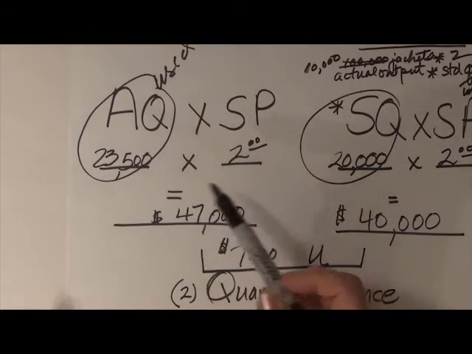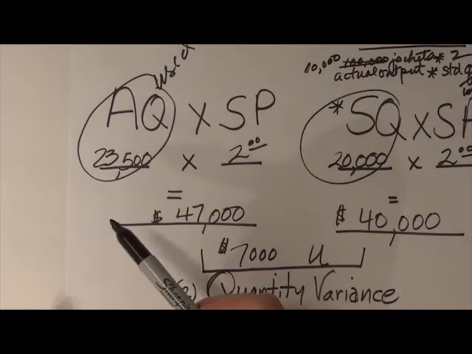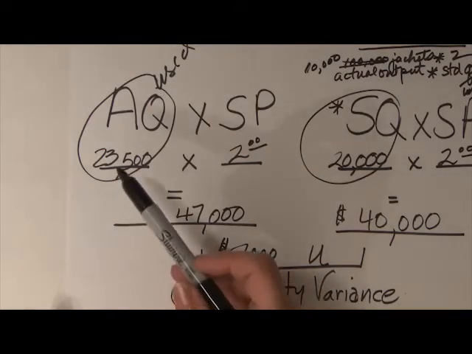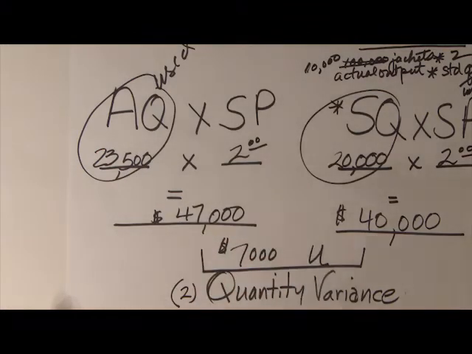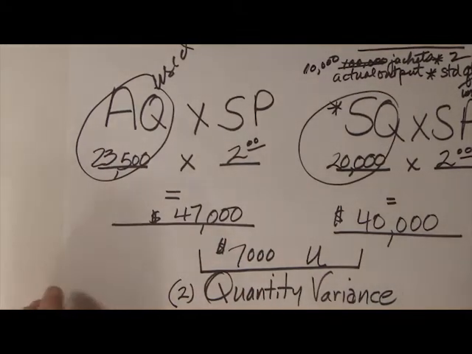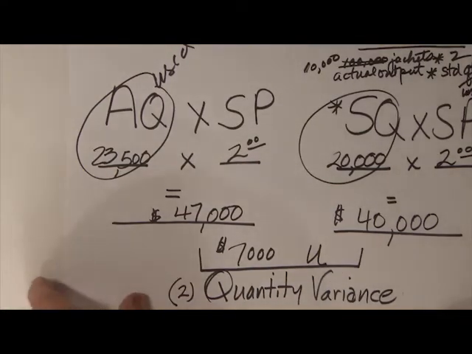Maybe it has to do with the workers who are using these materials. The workers are maybe not properly trained and there's extra waste. Because we had extra waste or extra scrap, this had a $7,000 unfavorable effect on the profit.